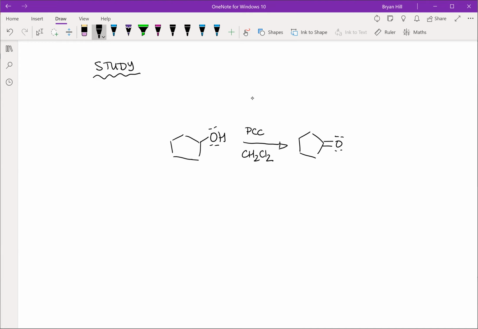Now it's your turn. If what they draw is actually wrong, then that would be the end of it, you would correct it, right? But what are you going to then do with this? What reaction do we want to do with this ketone here?